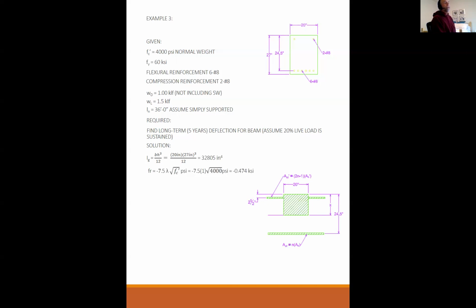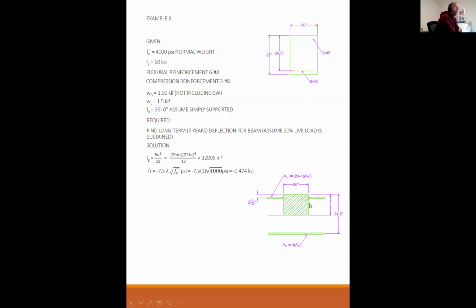And so we find our cracked moment of inertia. Now, I think we went over this before. Remember that the transformed area of your flexural steel is your modular ratio times the area of steel. Your transformed area of compression steel, however, is 2 times, because of the creep strain, psi is equal to 2.